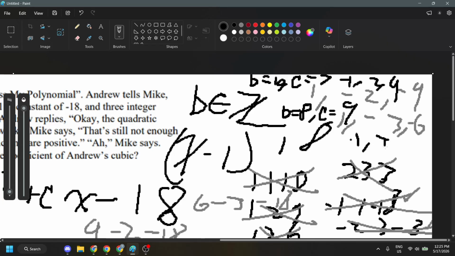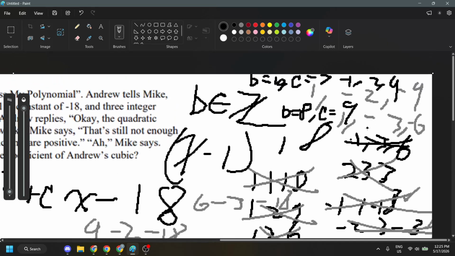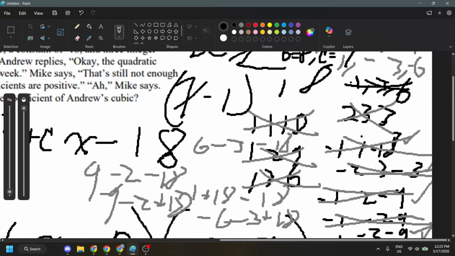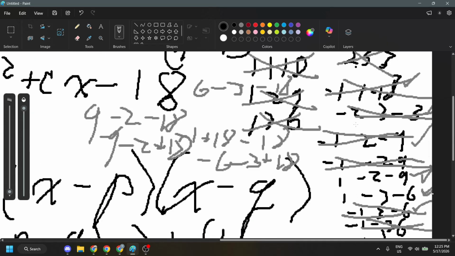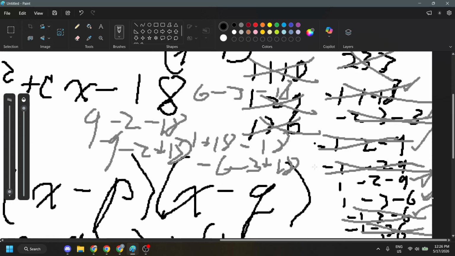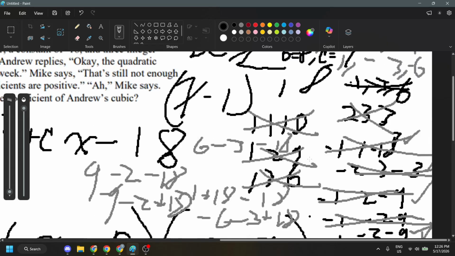Although we could do 1, 3, 6. There, B is 10. It's positive. But these are all positive, so it doesn't matter. We need to have at least one negative. So 1, 3, 6 doesn't work. 3, 3, 2 won't work. What about 8? Can we think of any that are 8?